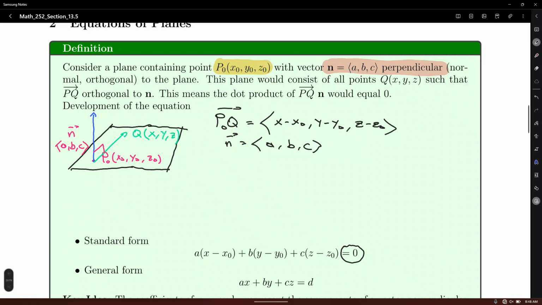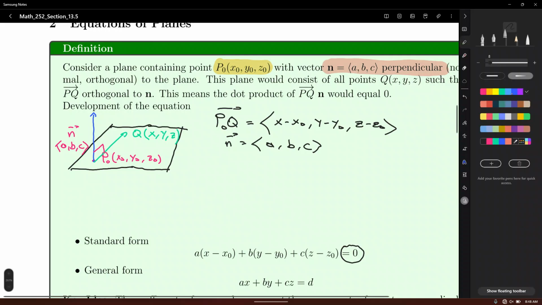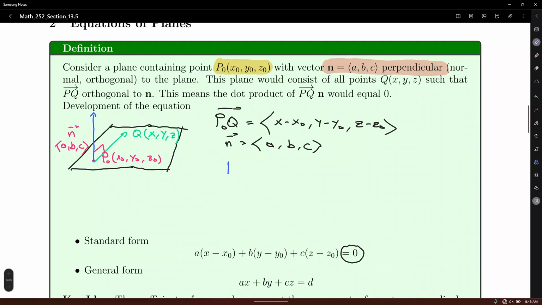What about the dot product? If two vectors are orthogonal, we get a product of 0. Exactly. So that means I'm going to set the following vector equation: P naught Q dotted with the normal vector, set equal to 0.